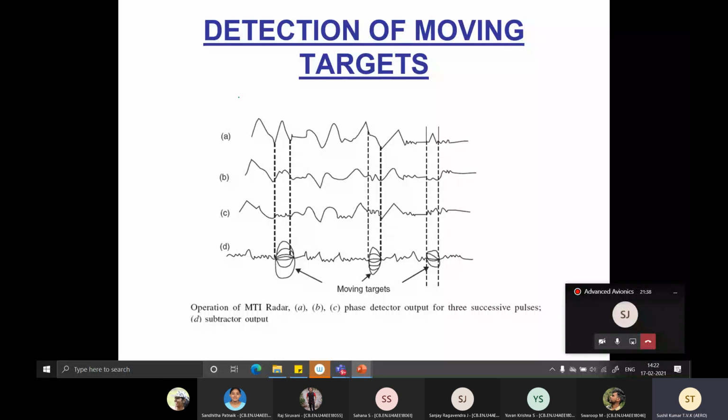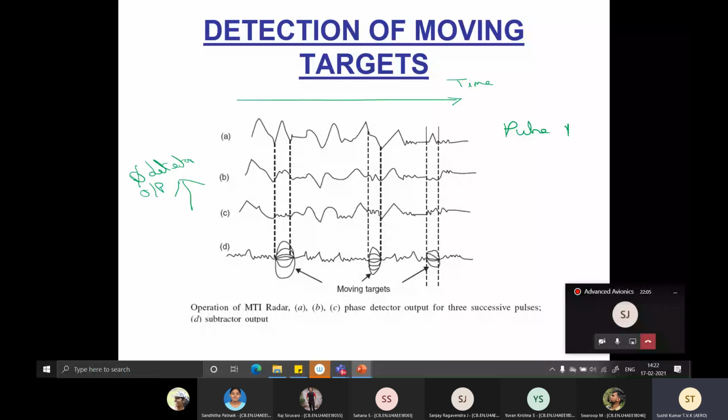Again, x-axis is time, and you have the phase detector output in the y-axis. I'll even try to make it simpler.